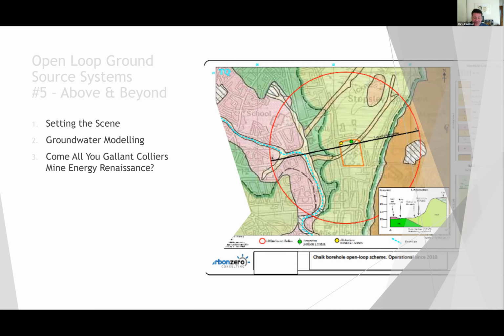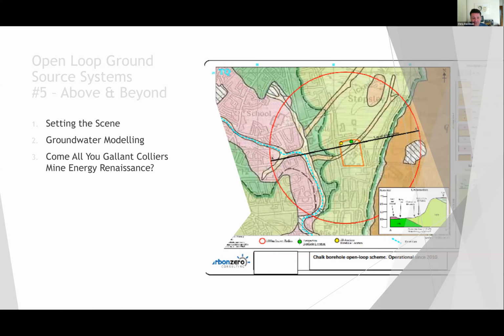I think the key message that Dave got across there was: go into this with your eyes open. If you are getting involved in mine workings, just because they are there doesn't necessarily mean that it's the best solution for you. So go into it with your eyes open as to the challenges in accessing that mine water, and also issues like water quality, for example. Not to say it's a bad idea, it's a very good idea, but you need to go into it with your eyes open.